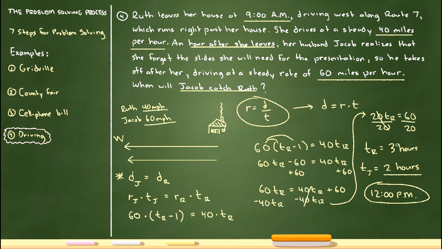You could say 3 hours from when Ruth left or 2 hours from when Jacob left, but essentially, to really answer the question, we would want to say 12 p.m., okay, because we need a common reference point here, and this 9 a.m. is the common reference point. Right, so we do want to say 12 p.m. Although these answers are close. You could say 2 hours from when Jacob left or 3 hours from when Ruth left as well.